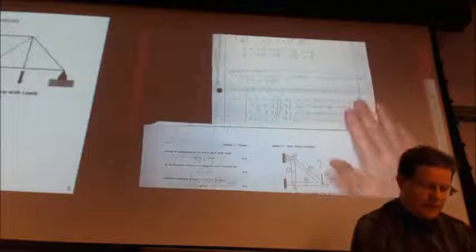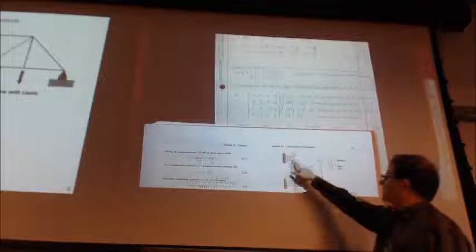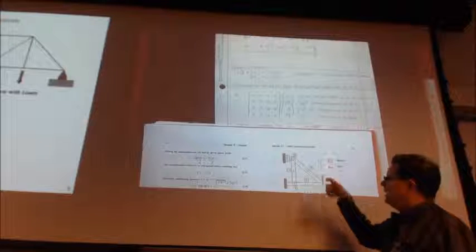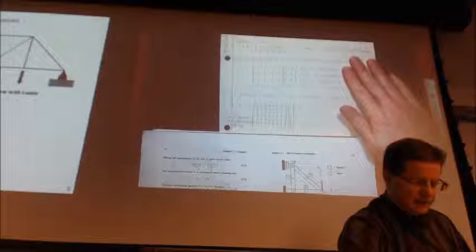So we can do that, and then it says that, well, because we have 3 elements, and we have 2 nodes at each element, so we're going to end up with a 6x6 matrix.